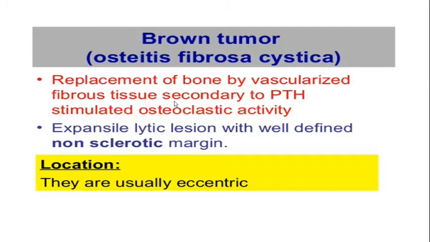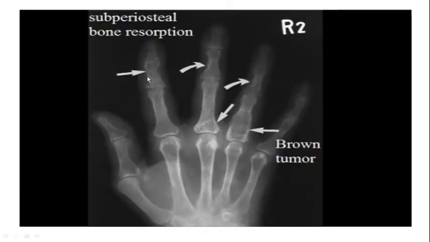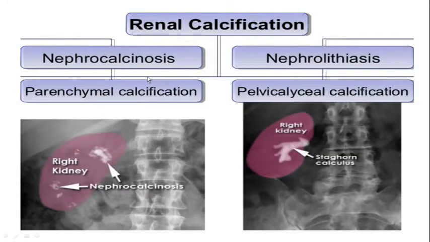These are expansile lytic lesions with a well-defined non-sclerotic margin within the bone, and that is basically called brown tumor. The location is very eccentric, and this is a subperiosteal bone resorption.